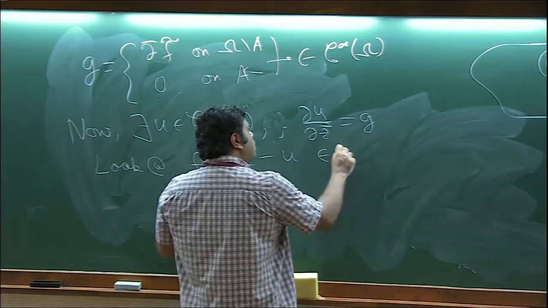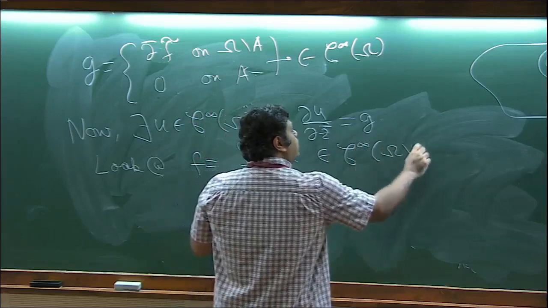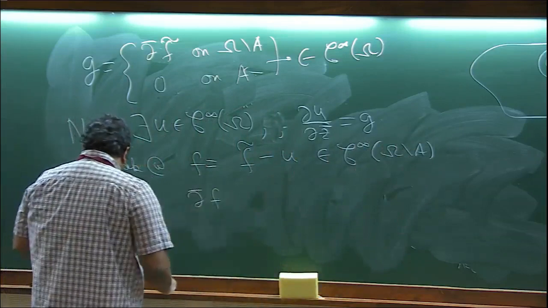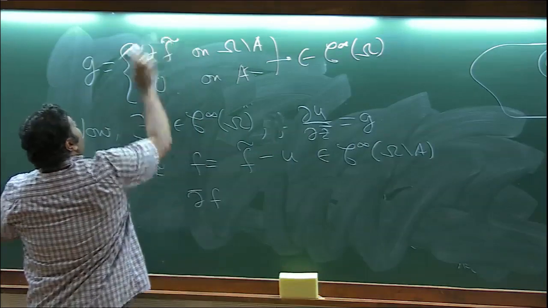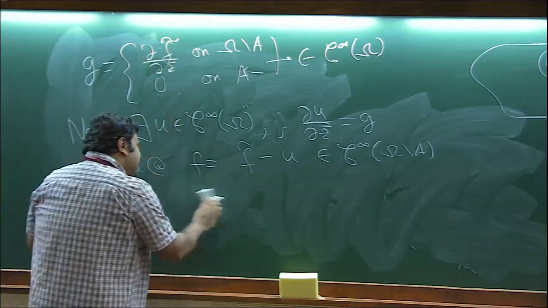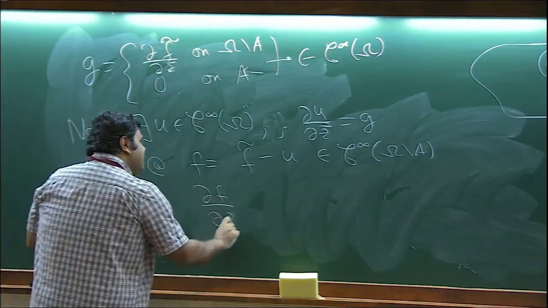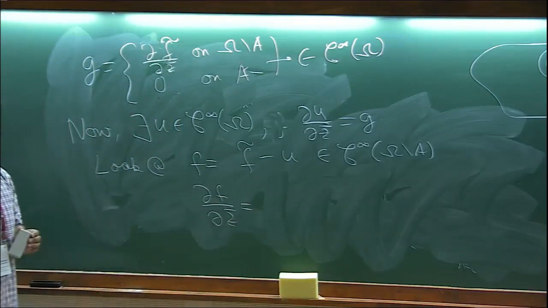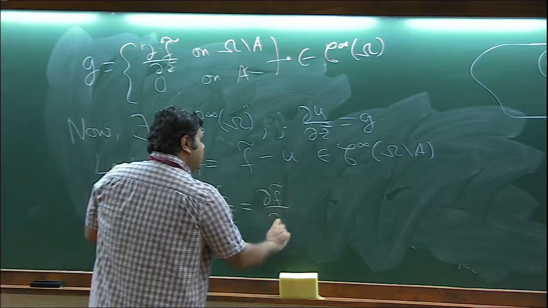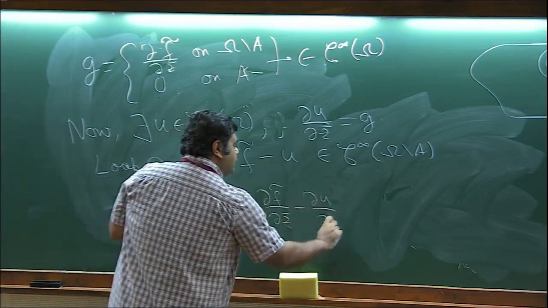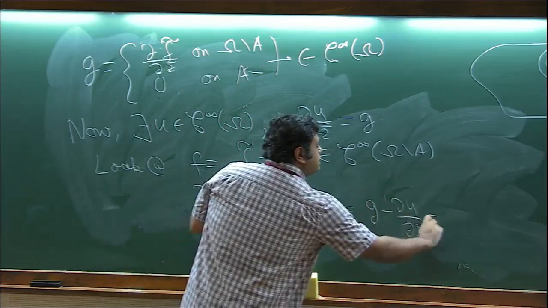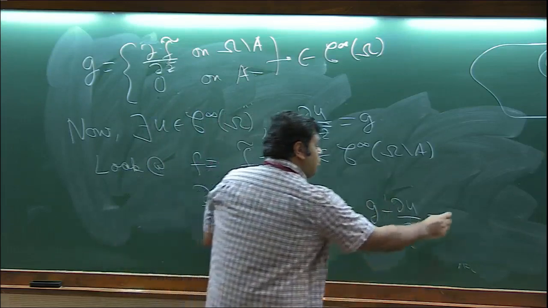I already know that this function is C infinity on omega minus A, because each of these functions is. And what is d bar of f? I'll go back to my old notation. What is df over dz bar? That is df tilde over dz bar minus du over dz bar, but this guy is g, which is therefore equal to 0.